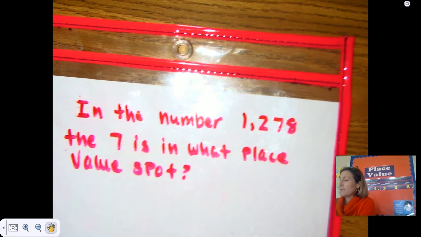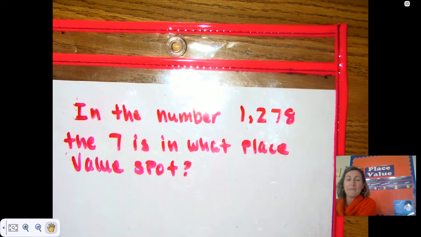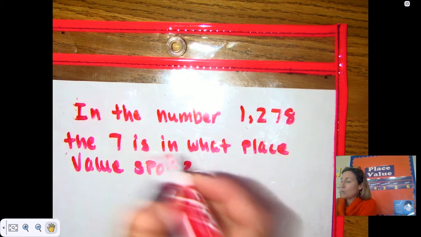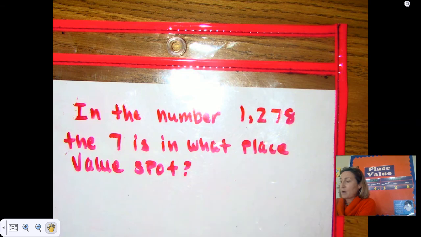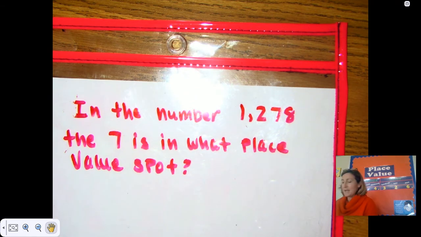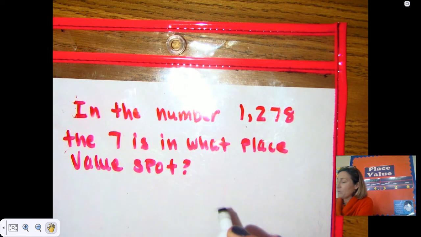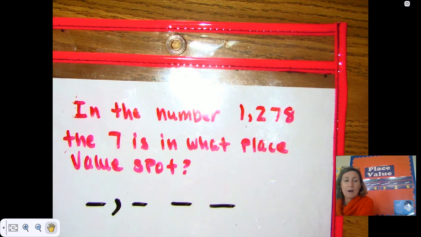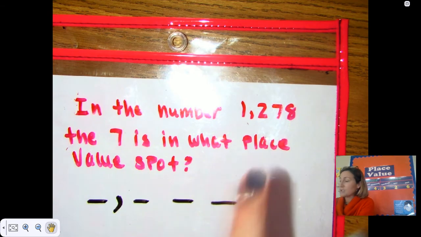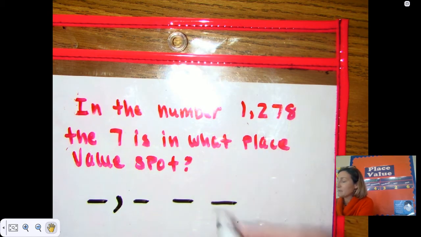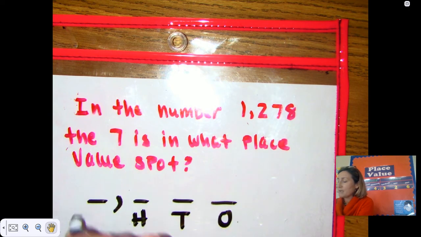All right, so let's look at this one. In the number 1,278, the 7 is in what place value spot? So what I might do is I have a 4-digit number. So I would write my 4 digits just like here. 4 spots, ones, tens, hundreds, thousands.